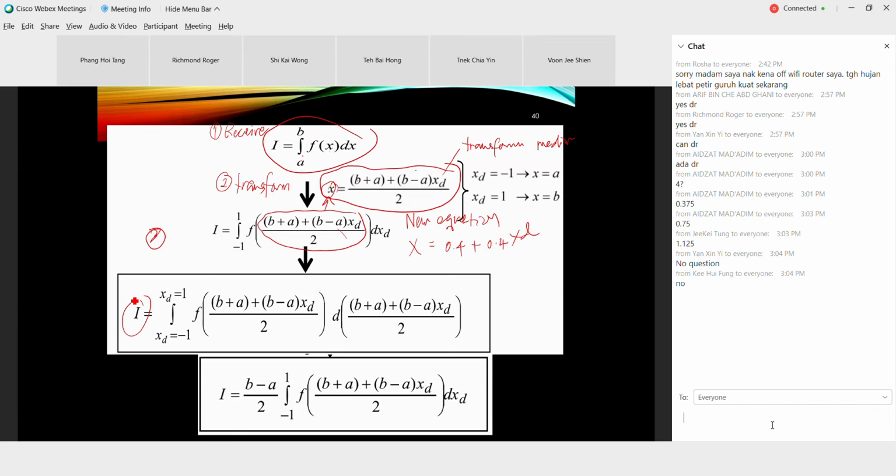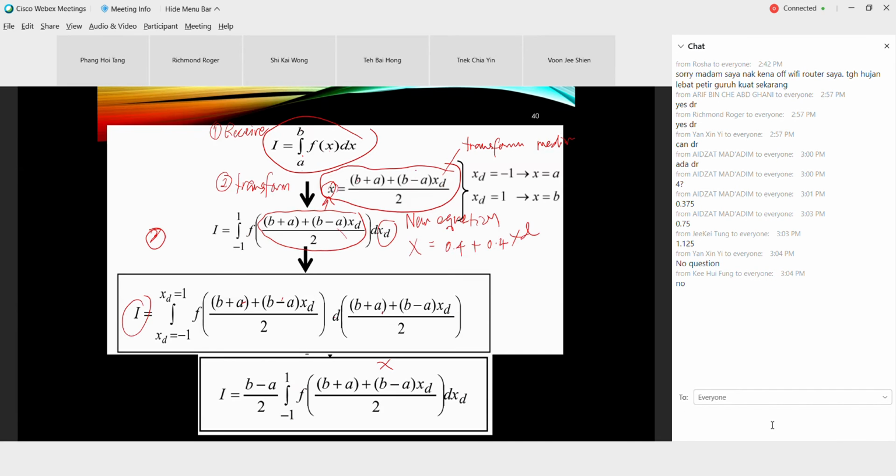Your total integration is f(x) dx, so you put back dx using the same formula. Simplifying this equation, you bring out (b minus a) over 2. So you only need to care about the integral from -1 to 1 of f(x d) dxd.